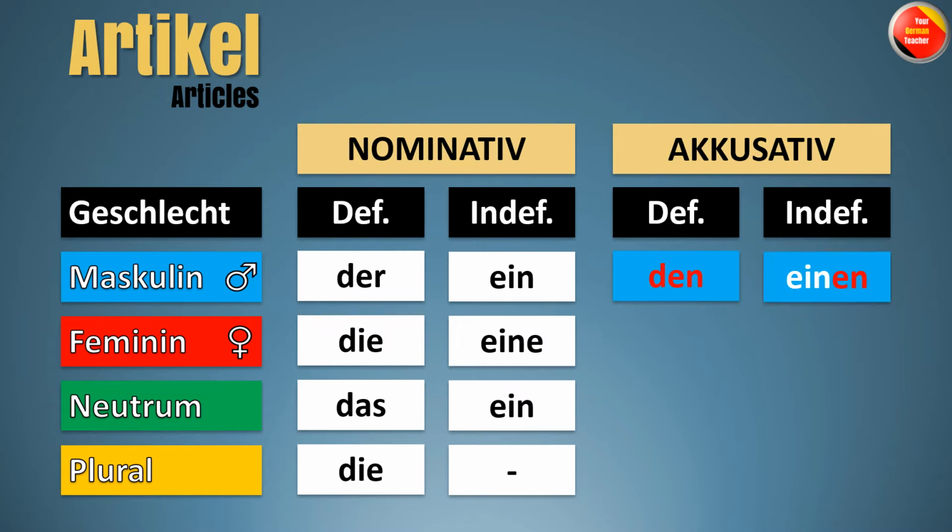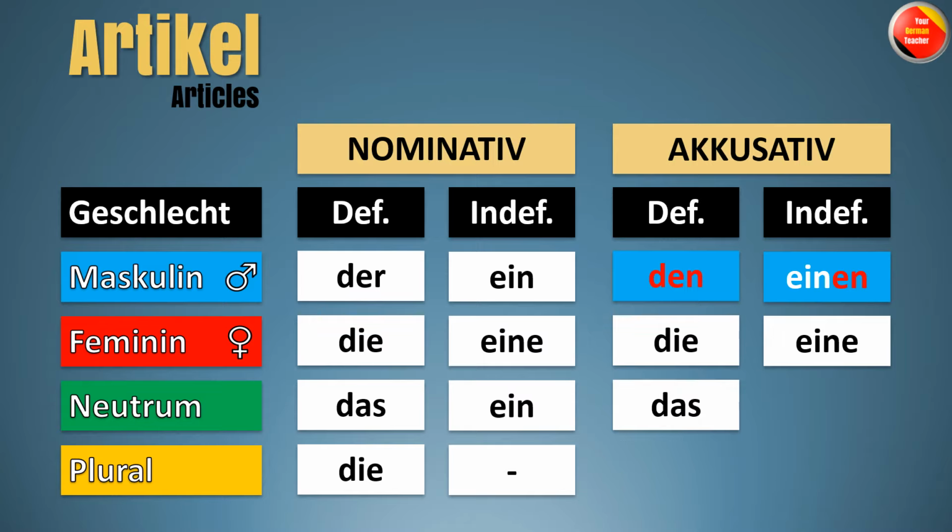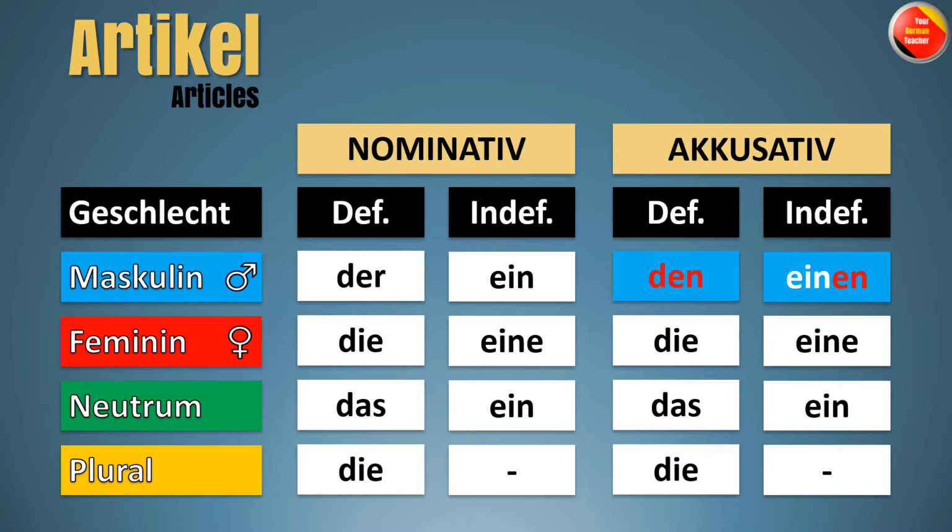Den und einen. That's it. All the rest is the same as in Nominative. Die, eine, das, ein, die und kein Artikel in Plural. So that's it. The only thing you have to change in Akkusativ is maskulin. Der becomes den, indefinite, einen.